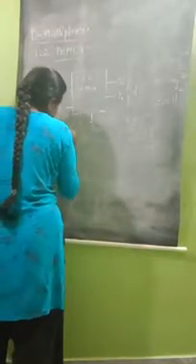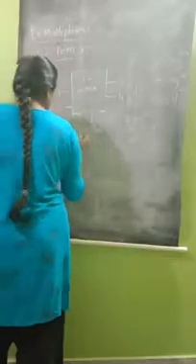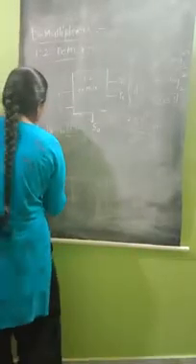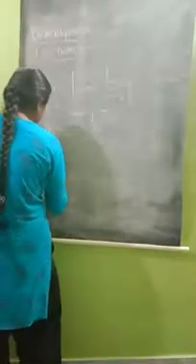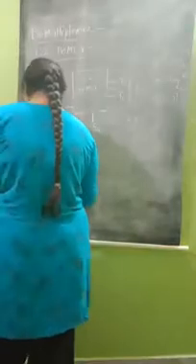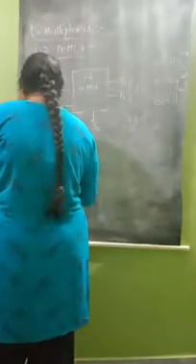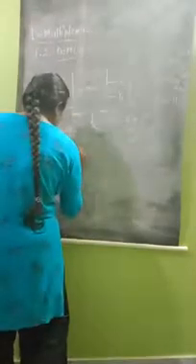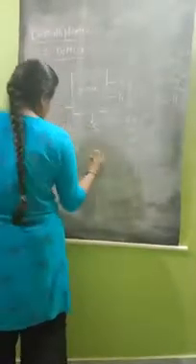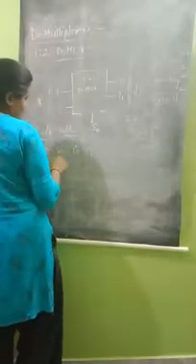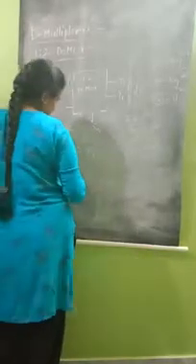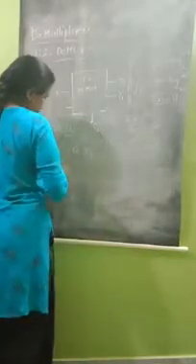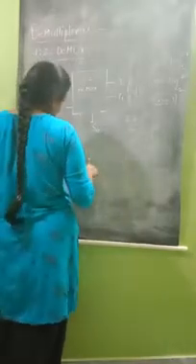In the truth table, the inputs are enable and S0, and the outputs are y0 and y1. Enable and S0, where S0 is the selecting line, are the inputs, and y0 and y1 are the outputs.